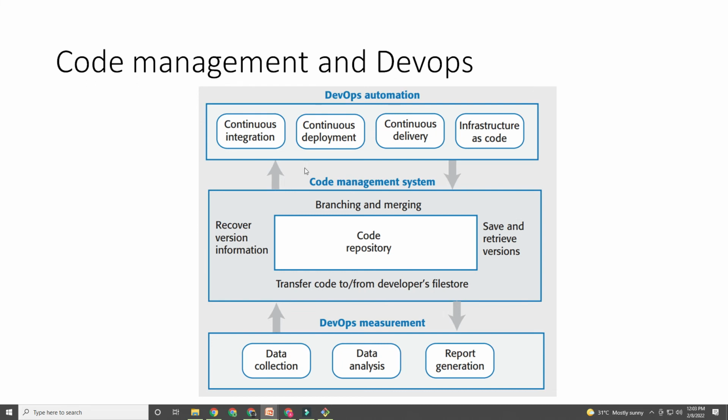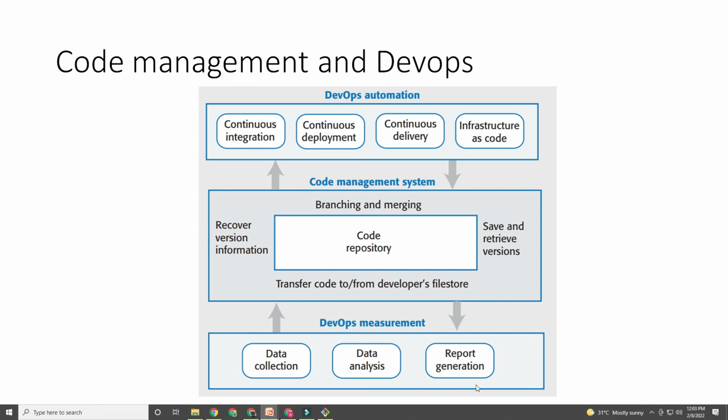From the code management system, DevOps automation will be done: how the code is integrated, how it is deployed, and how it is delivered to the user. All of this is done in the DevOps automation. And here you can easily measure it. How do we measure it?